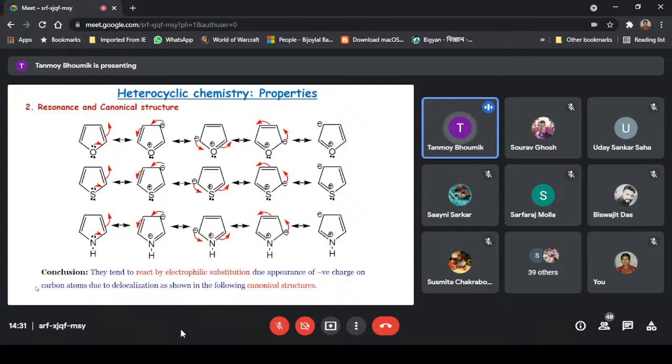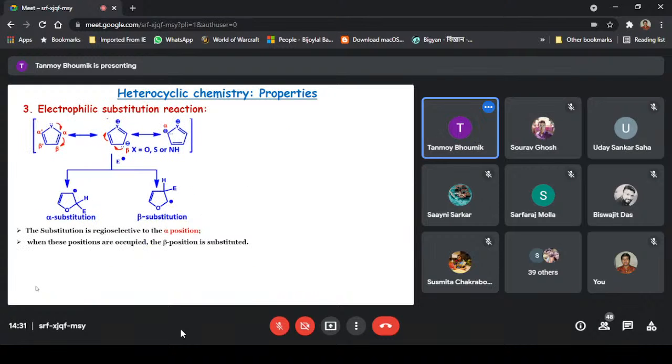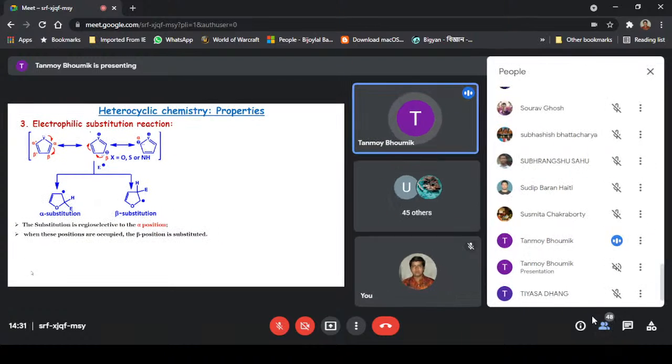Consider the electrophilic substitution reaction: due to the appearance of the negative charge on the carbon atom through delocalization in the canonical forms, the electrophile will easily attack at this position, and these substrates are very prone towards aromatic electrophilic substitution reaction. There are different electrophilic substitution reactions for different heteroatoms like oxygen, sulfur, and nitrogen.